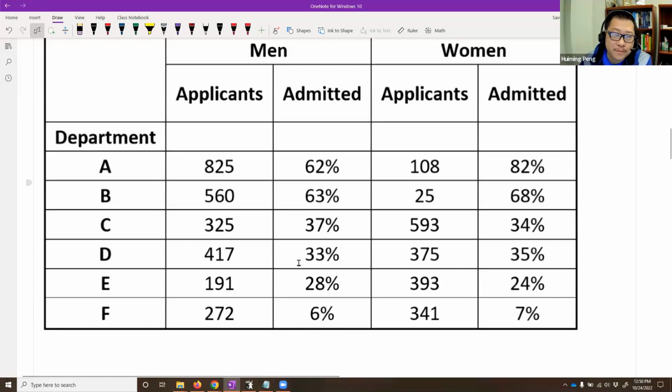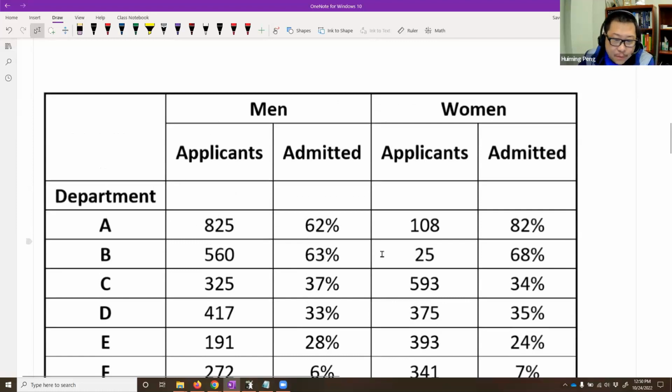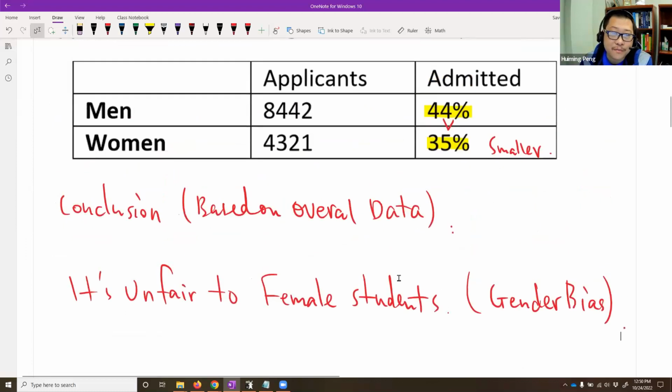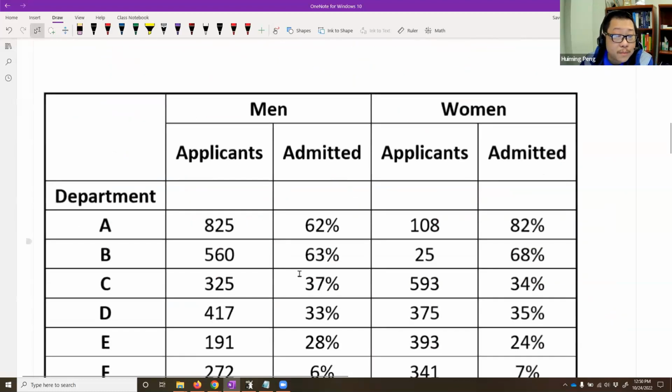And now, so far we look at the detail of the original data set, or we look at individual. Before, we called it the overall, and this should be individual data. Okay, by department.